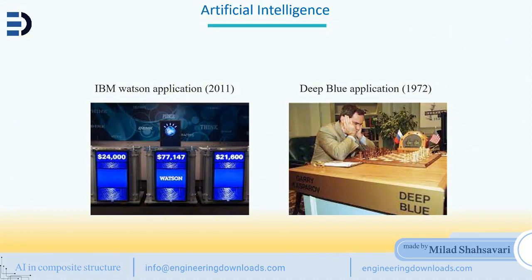Or in 1972, during a chess match against a world-renowned chess player, a company organized a competition called Deep Blue. Deep Blue managed to defeat that skilled chess player. In fact, the machine was able to think through chess moves very effectively and predict future moves. Artificial intelligence isn't something that just emerged in the last 4 or 20 years. It has existed for a long time, but has gradually evolved into what we see today.